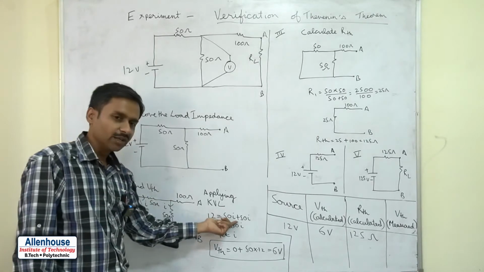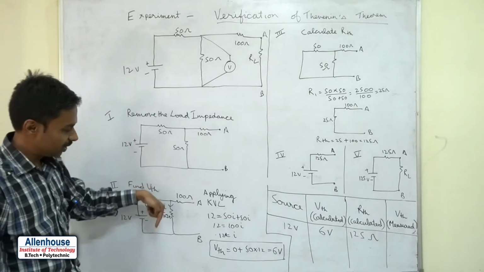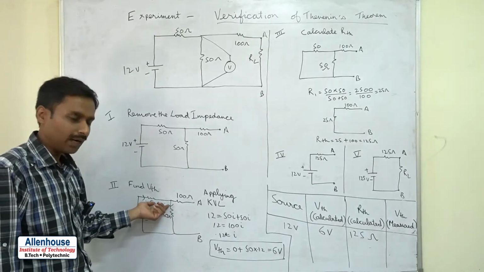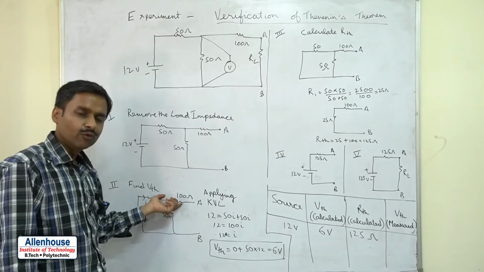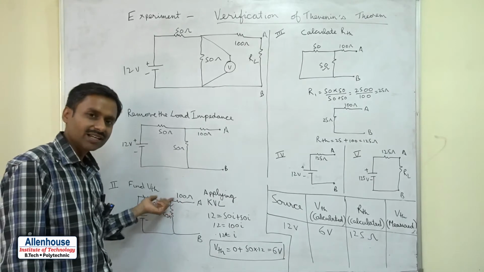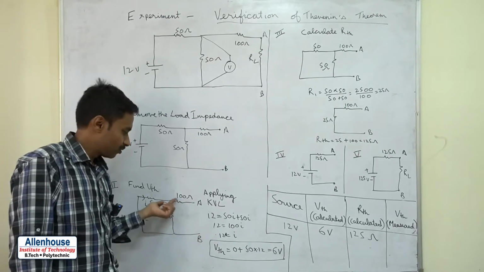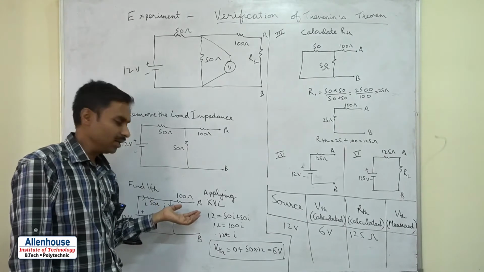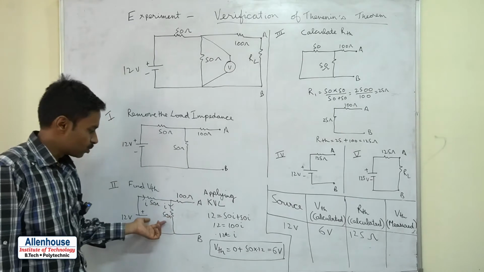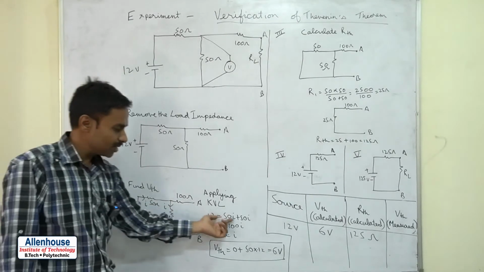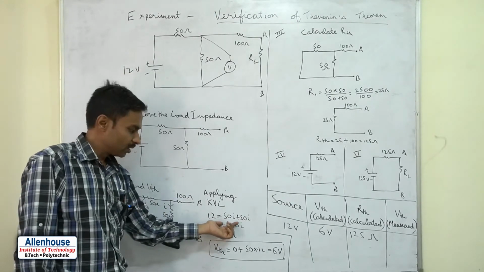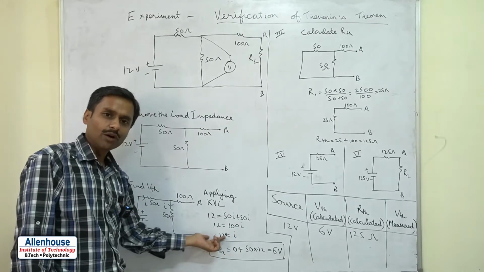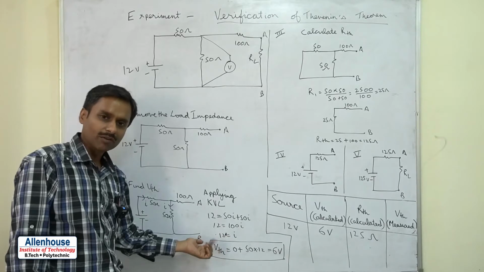Now moving here, the voltage drop will be plus 50 into I. Zero ampere current will flow across the 100 ohm resistance, because this circuit is not complete and there is no path for the current to flow. So 50I plus 50I equals 12. 100I equals 12, and dividing by 100, the current comes to be 0.12 ampere.